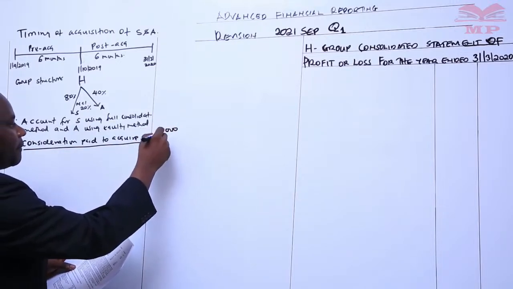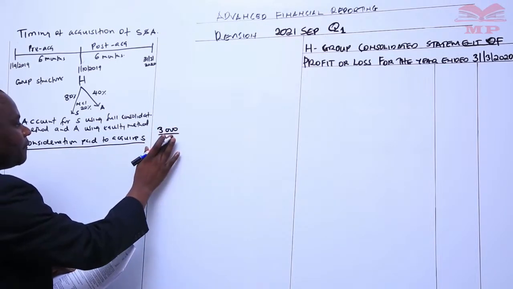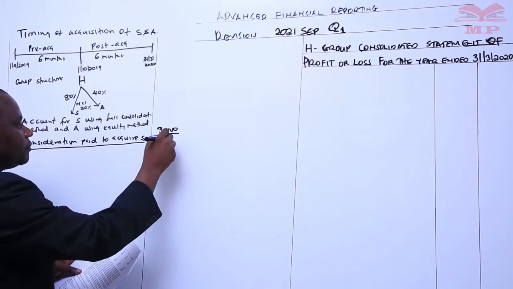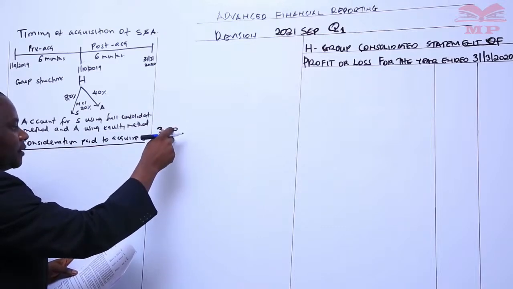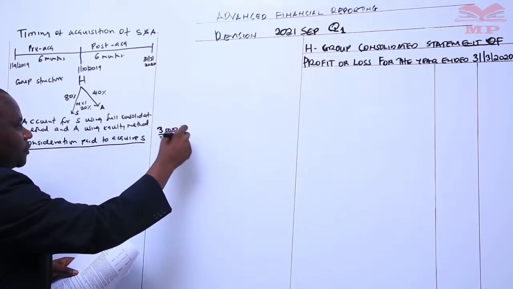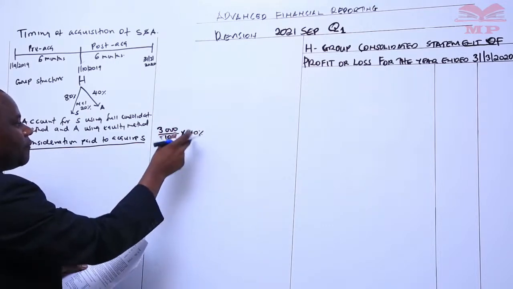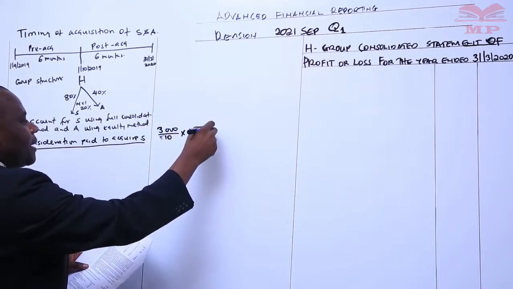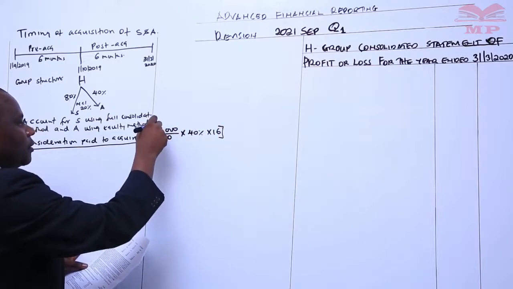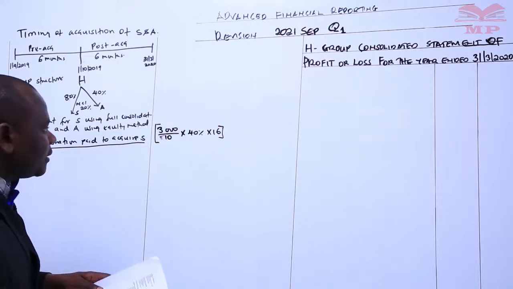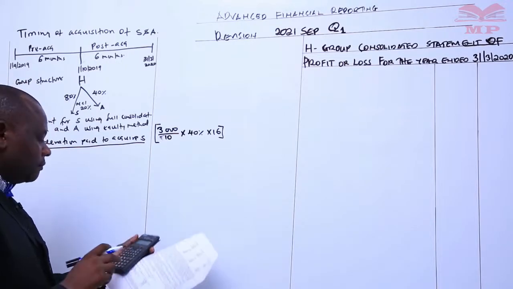So 3 million, I'm just proving to you, divided by 10. This is shillings, I want units. So times 40%, that is the acquisition of these shares, then they are priced at 16. So if you do that, you're going to get 1920 million.